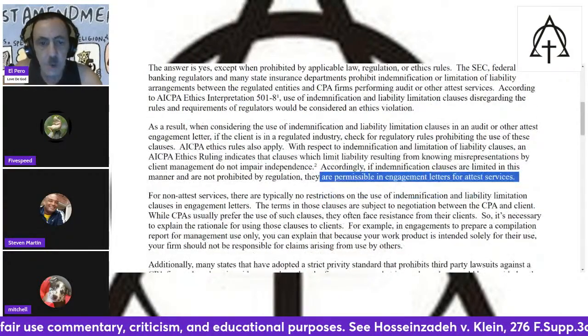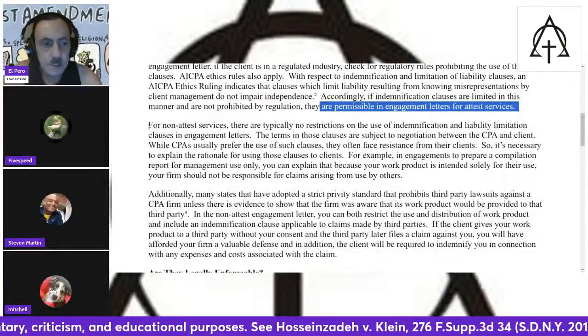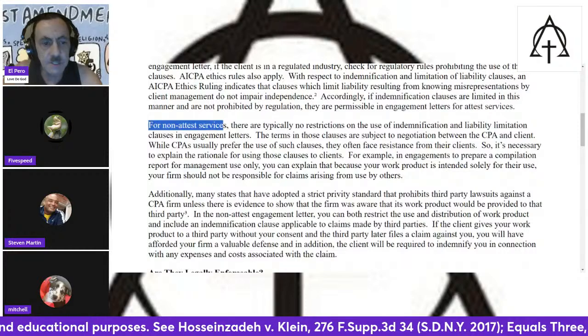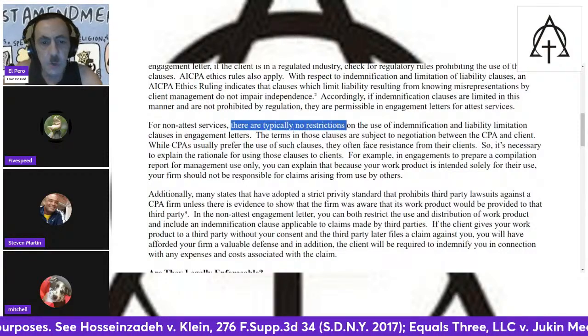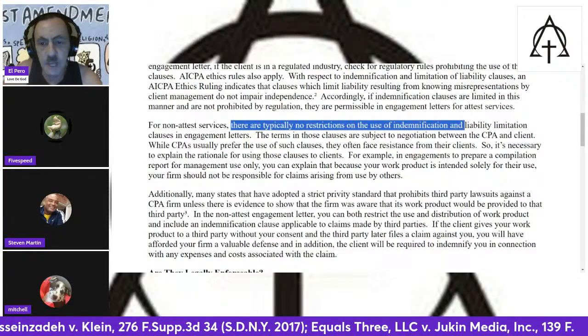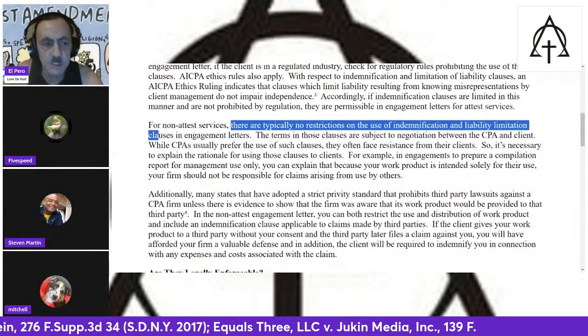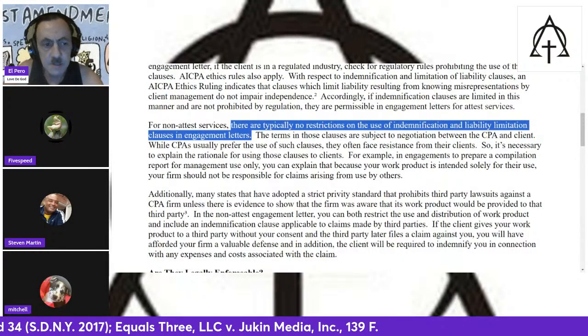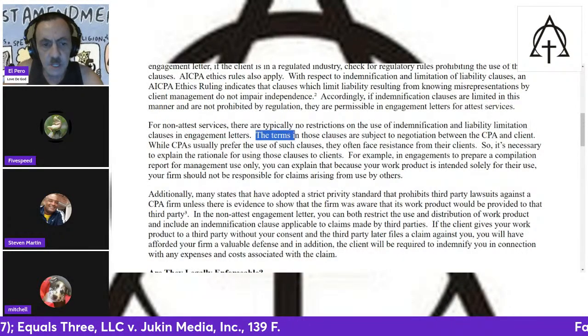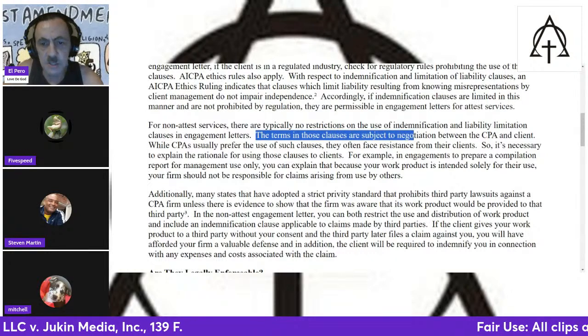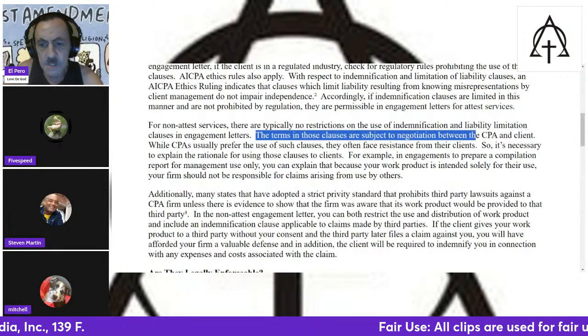So as we continue on, it says for non-attest services, there are typically no restrictions on the use of indemnification and liability limitation clauses in engagement letters. The terms in those clauses are subject to negotiation between the CPA and the client.